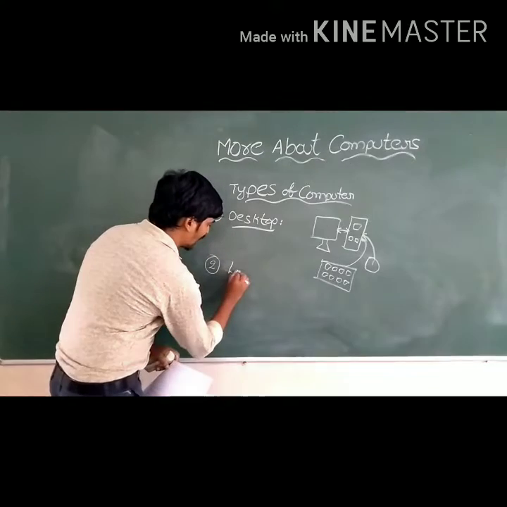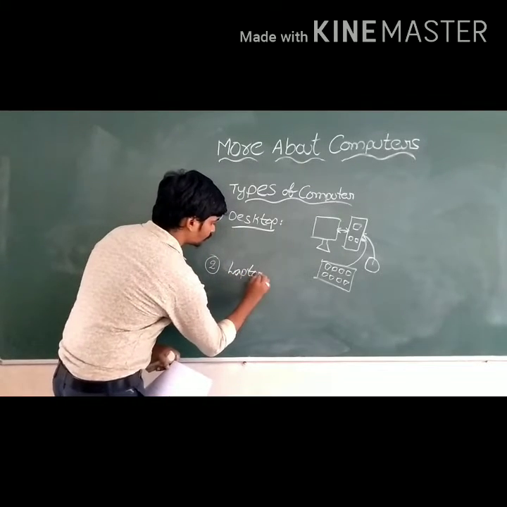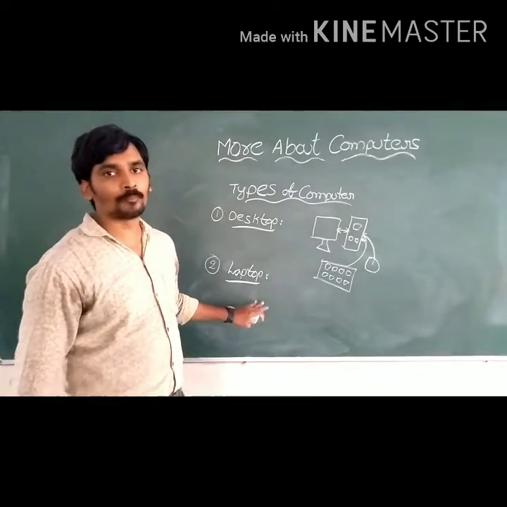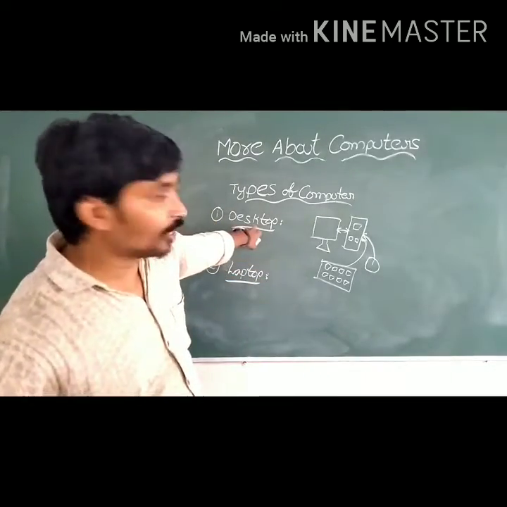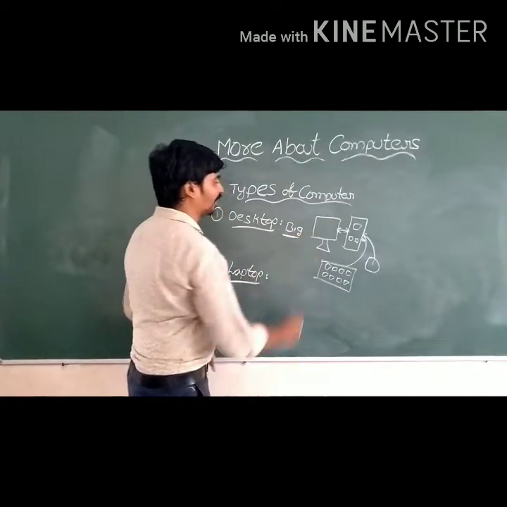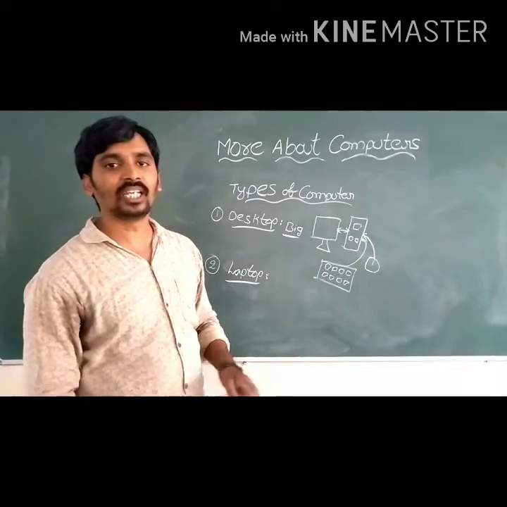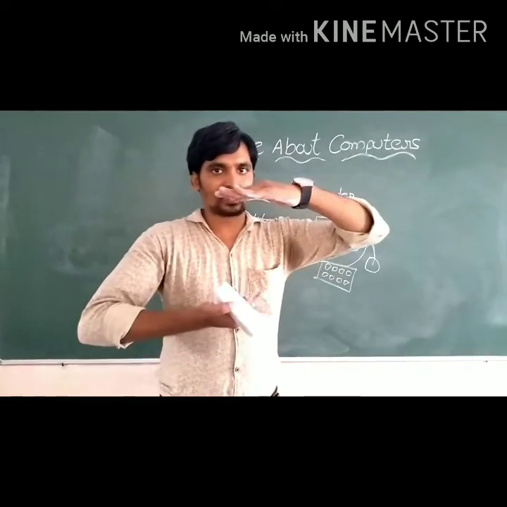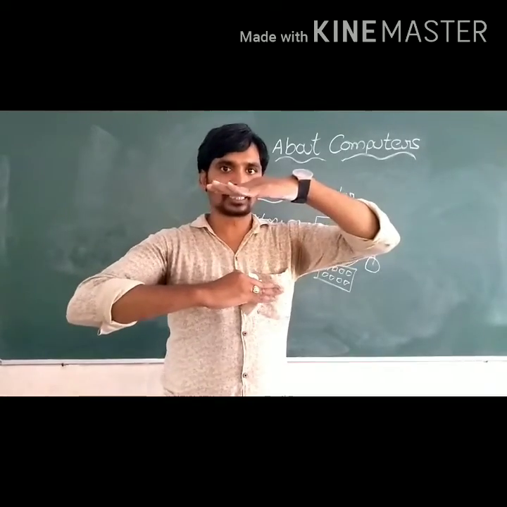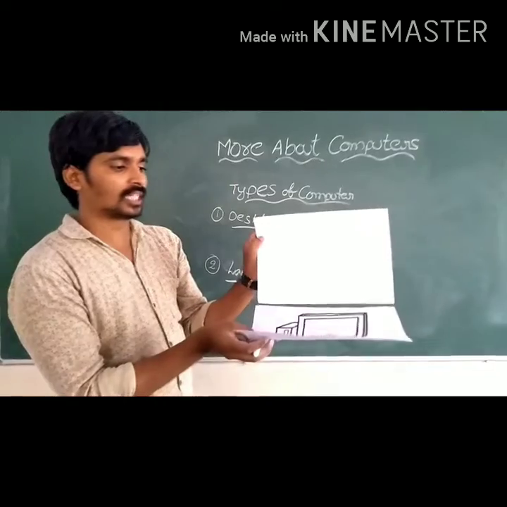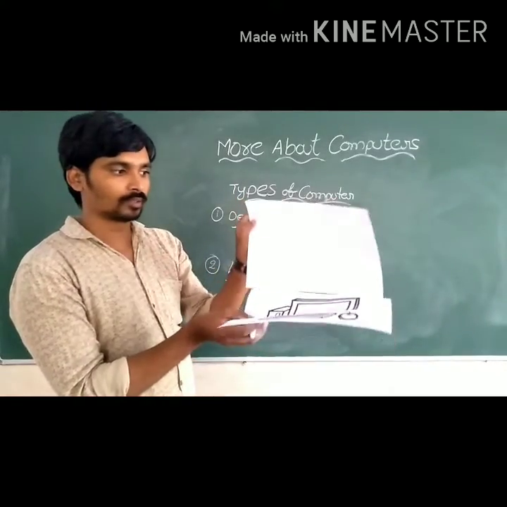Second one is laptop. Which one? Laptop. A laptop is a small computer. A desktop is a big computer, B-I-G, big and heavy. A laptop is a small size computer. This type. Okay?